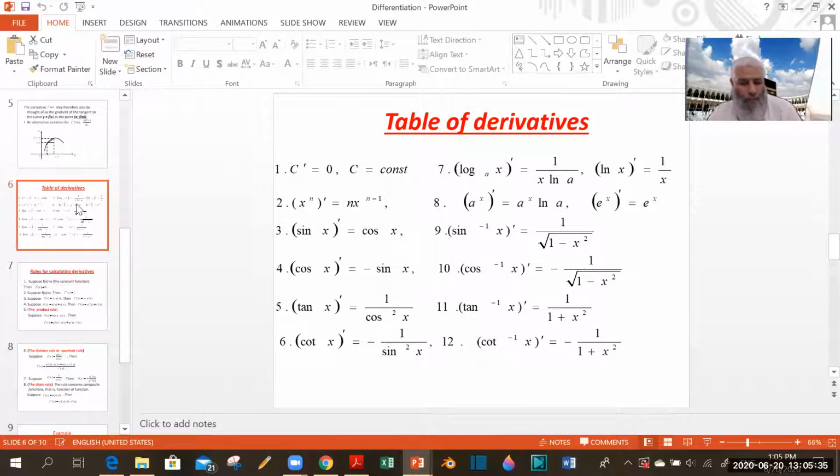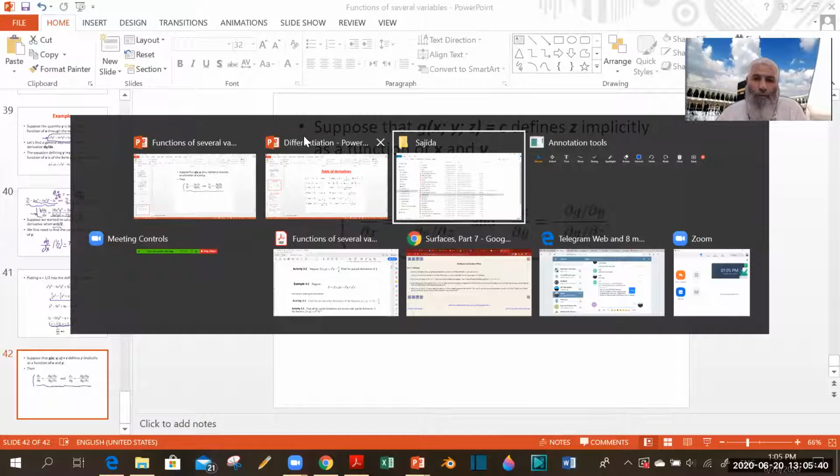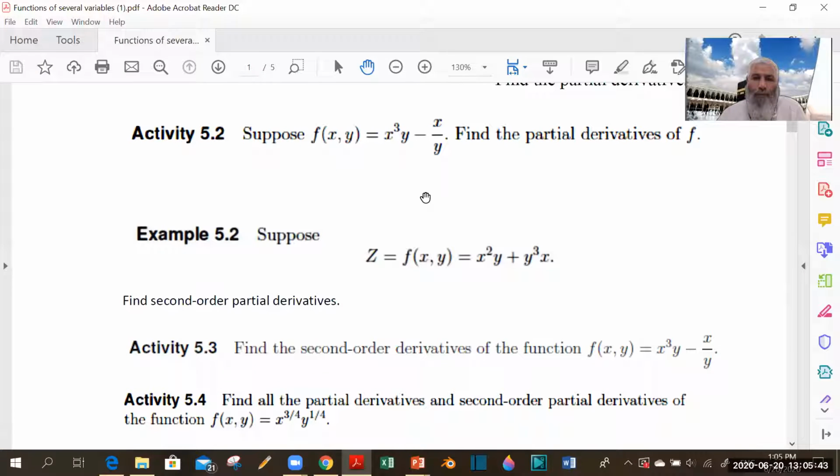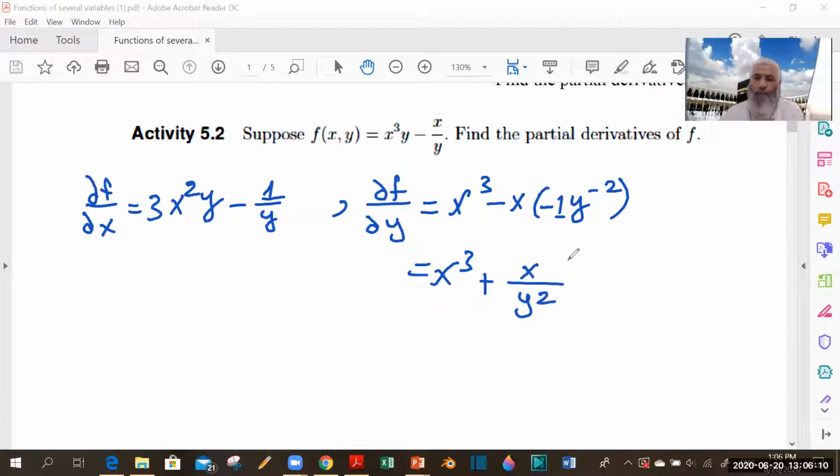So in our case, the derivative of 1 over y is y power negative 2 multiplied by negative 1, that is minus 1 times y power minus 2. So this is x cubed plus x over y squared, right? Yes, right.